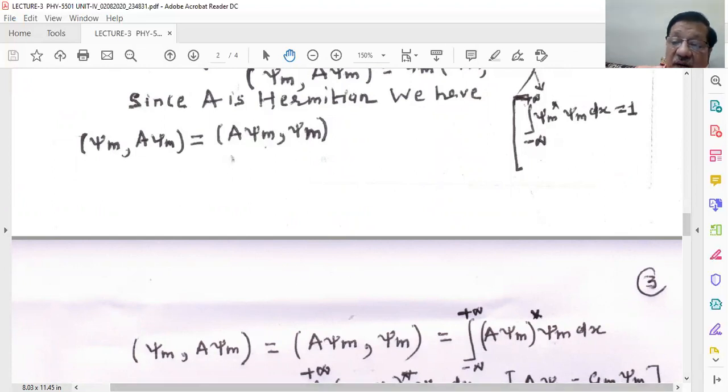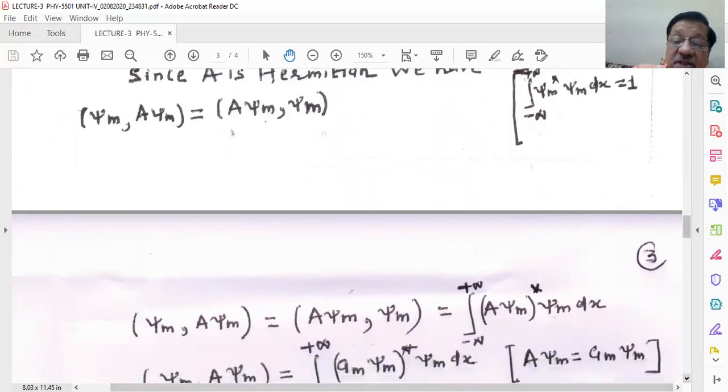And now I write this scalar product of A psi m with psi m in the integral form. This is the first factor, so you have to take the complex conjugate of the first factor. So I take the complex conjugate of the first factor: integral of A psi m star psi m dx. This I am writing here.